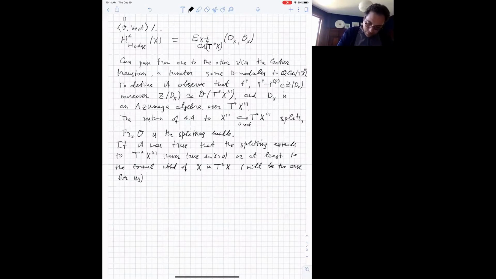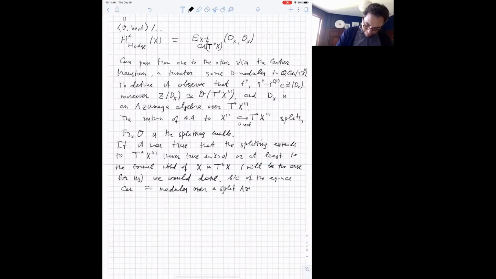So the conclusion would be clear. We would be done. Because for a split Azumaya algebra, by elementary Morita theory, there's an equivalence between modules of that Azumaya algebra and coherent sheaves.